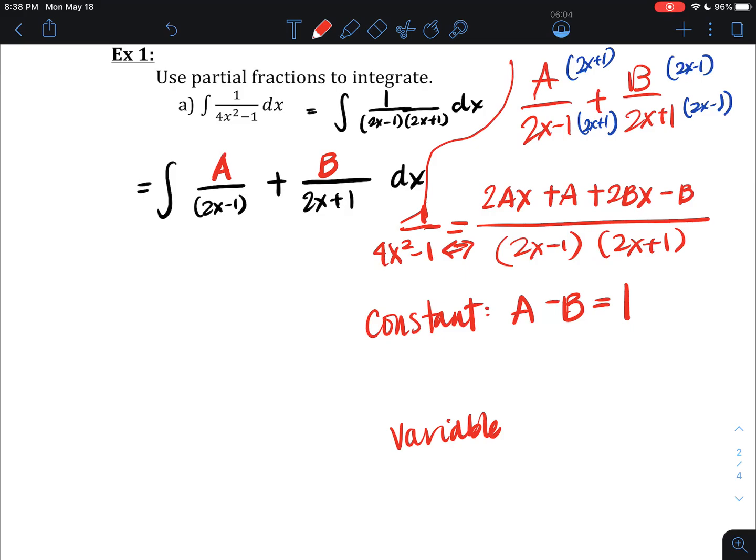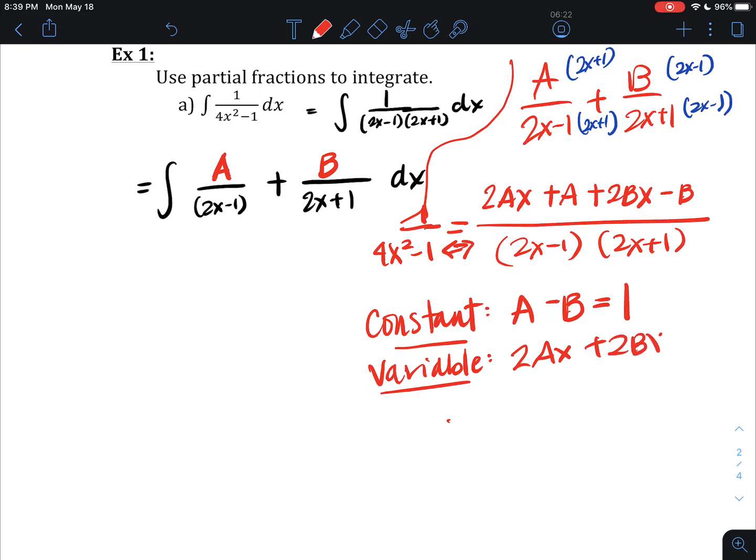Let me move up my variable. Okay, so now I want all my variables. So on my numerator, I have 2ax plus 2bx, and then that equals 0. Because I technically don't have any x values, I'm going to put 0x.